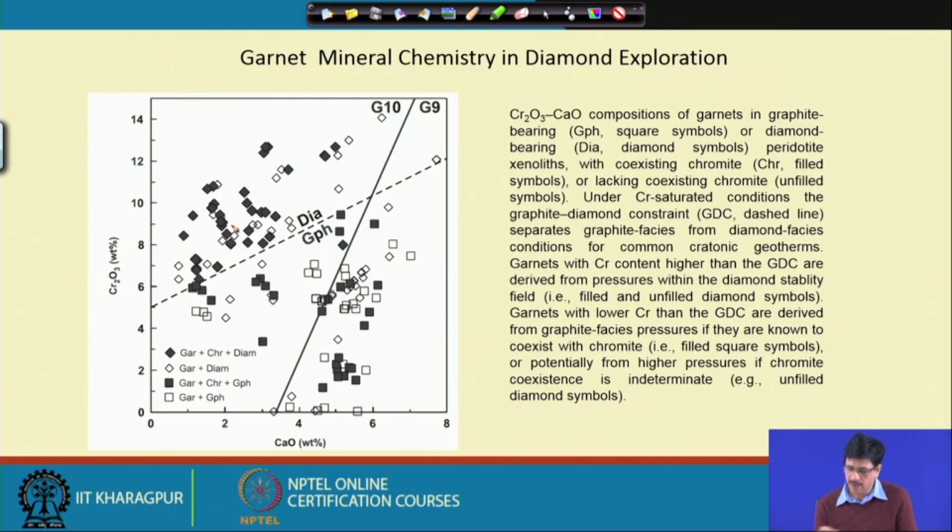So, the Cr2O3-CaO composition of garnets in graphite-bearing or diamond-bearing peridotites, generally coexisting with chromite or lacking coexistence of chromite, is shown here. This dashed line is the graphite-diamond constraint, and as I already described, diamond is stable above this. This represents the compositional field from which the garnet is coming, a diamond stability field.